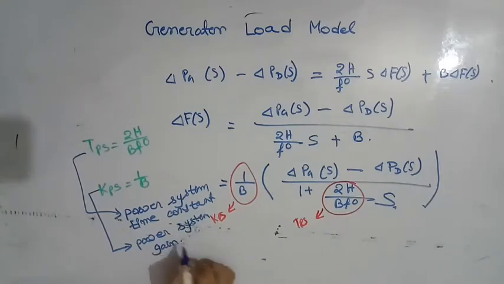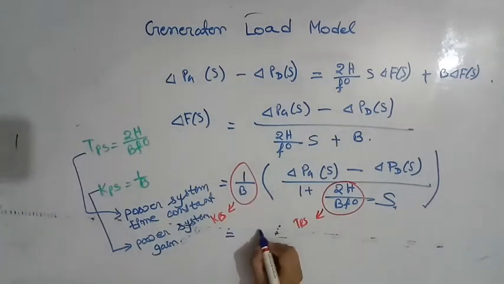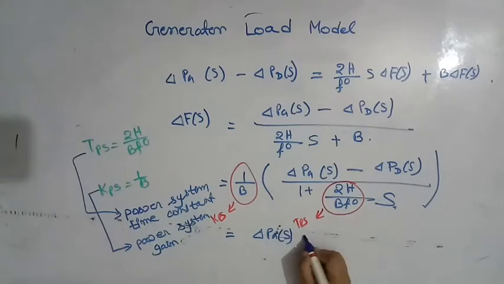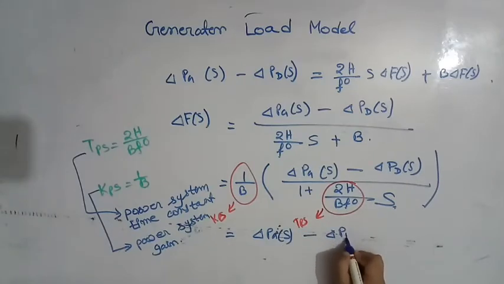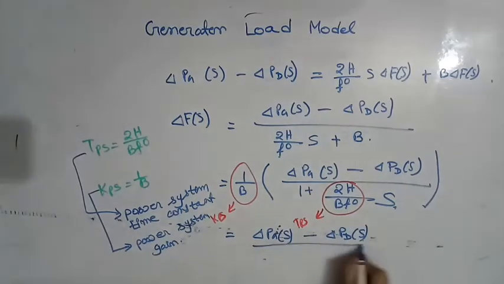So this equation is equal to delta PGS minus delta PDS into KPS by 1 plus STPS.